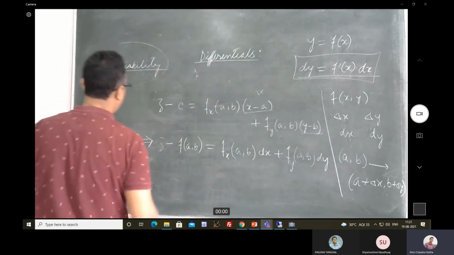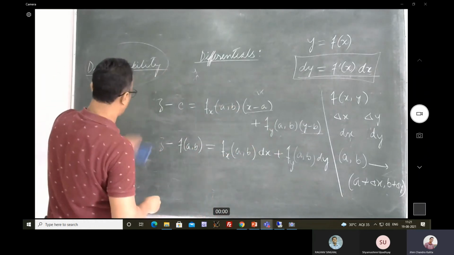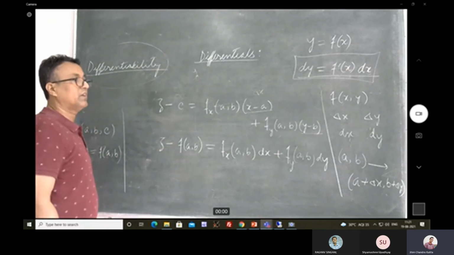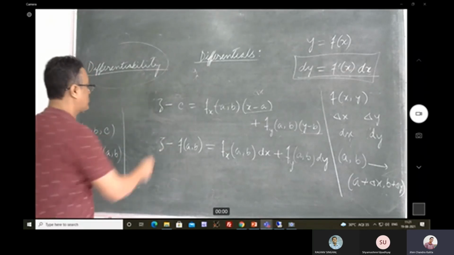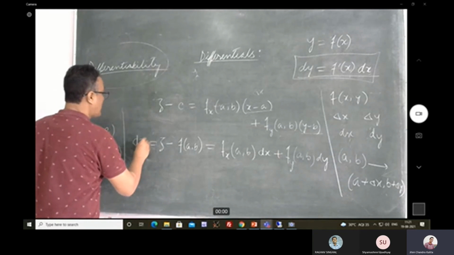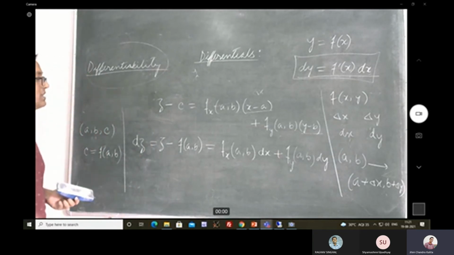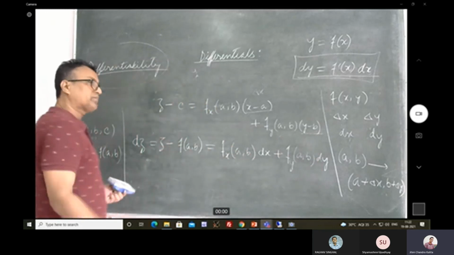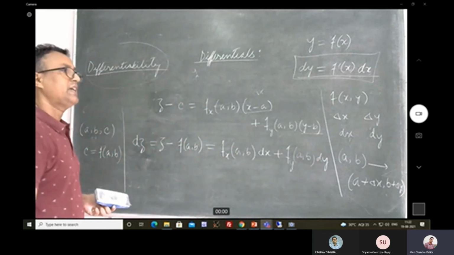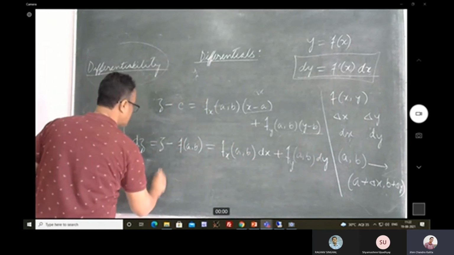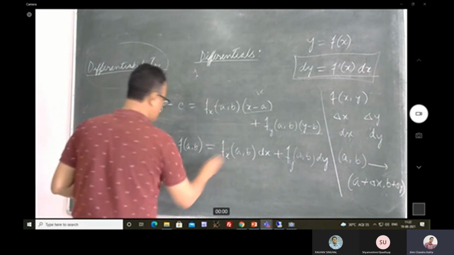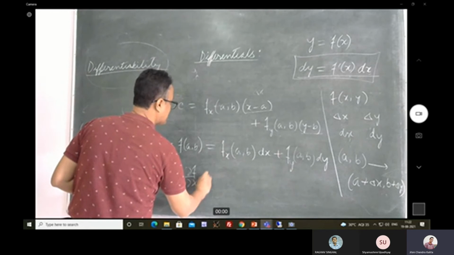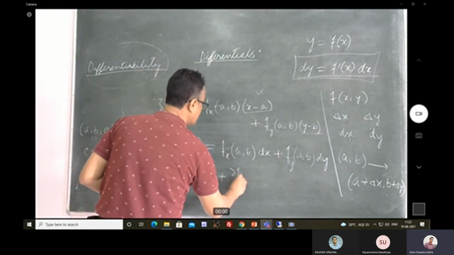This difference is going to be called the differential, or total differential, of the function z equal to f of (x, y), and I am simply going to write it as dz. This is at a particular point (a, b). For a variable point (x, y), it is simply going to be written as del f by del x dx plus del f by del y dy.